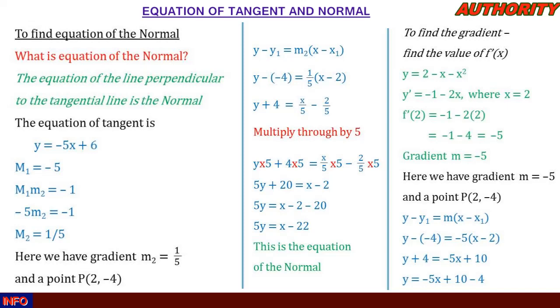When you've gotten the equation of the tangent, for us to find the equation of the normal, we look for the gradient that is perpendicular to the line of the tangent. So when you've gotten the gradient, then you also use the equation of a straight line, slope form, to find the equation of the normal. Is that clear? Yes. Let's take the second question.